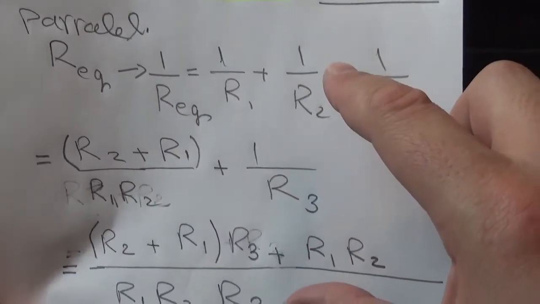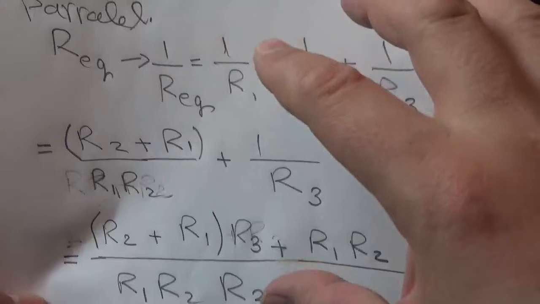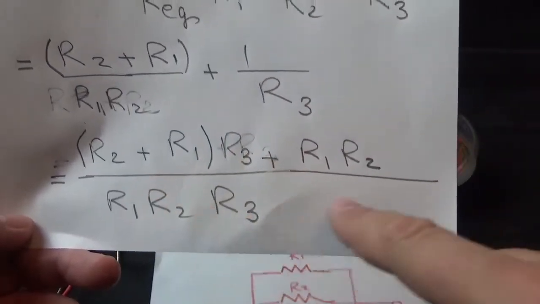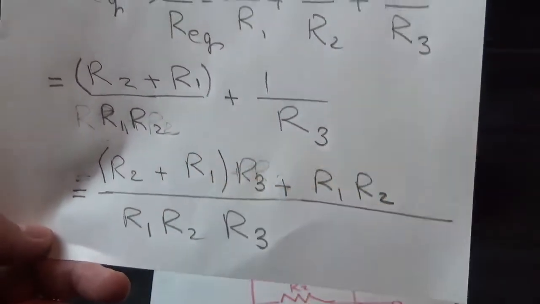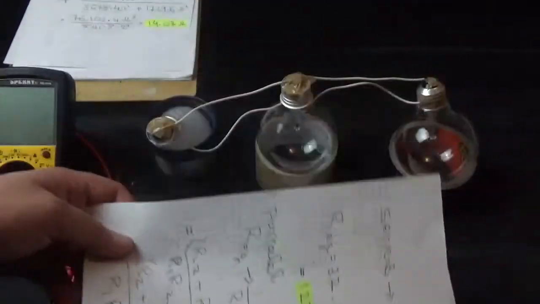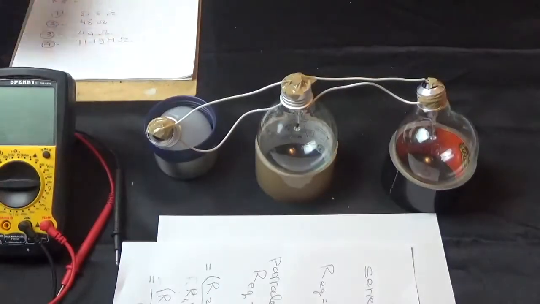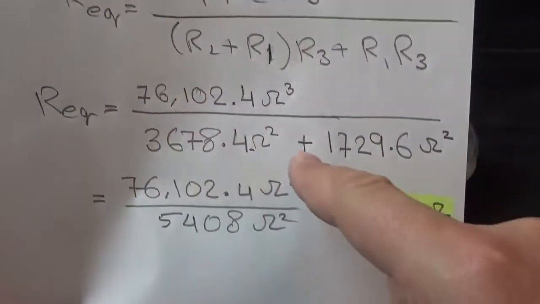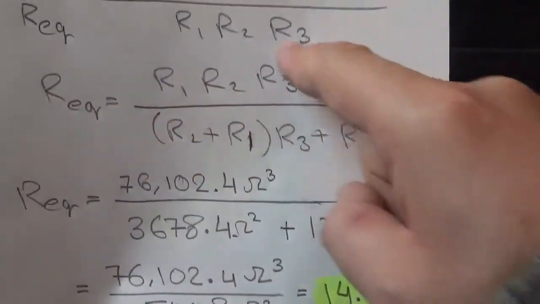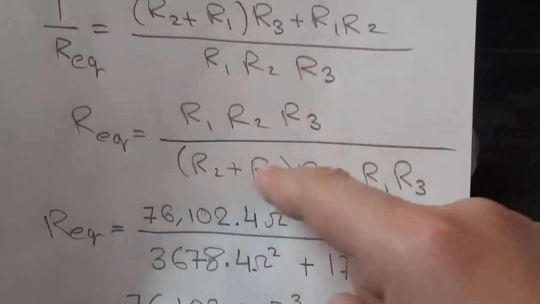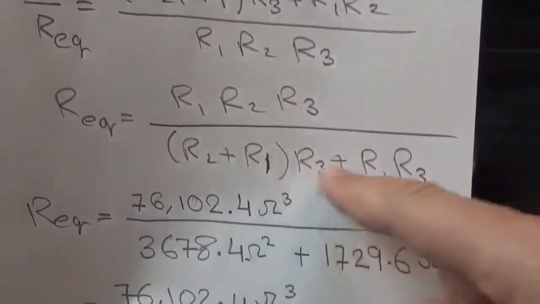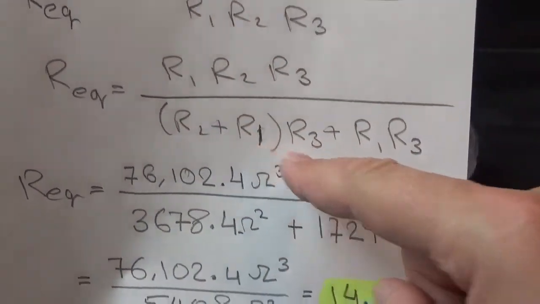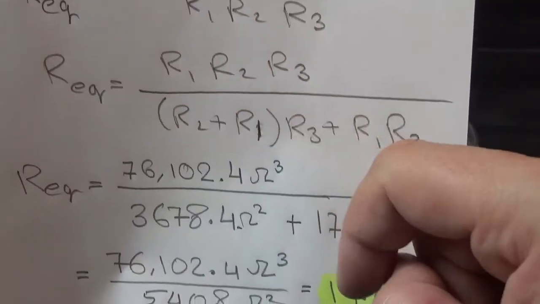But what I did, I just gathered everything and made it just one term here. And then the next step is to have the final form, which is the final form for the equivalent resistance for all of these three resistors.